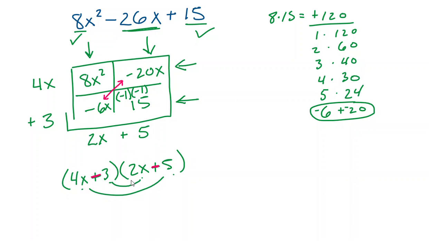And then when you multiply the two negative numbers together, negative 3 times negative 5, you get that positive 15, and so that kind of fools us into thinking that it was a factor of a positive number. So watch out for that. That's the only tiny little trick that can throw us off. So now we know it's 4x minus 3 and 2x minus 5, and that is the final answer.